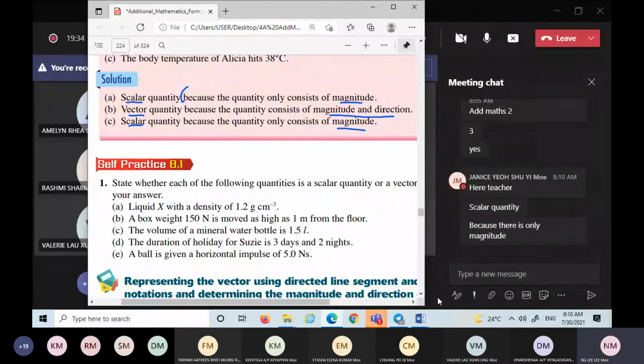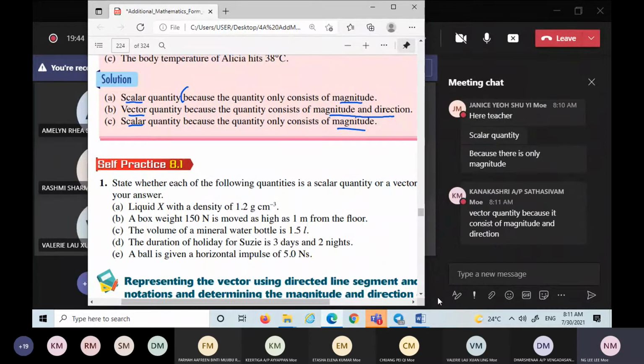This one looks like it has direction. Move as high as 1 meter from the floor. It's moving up. So it's a vector, because this one has direction.